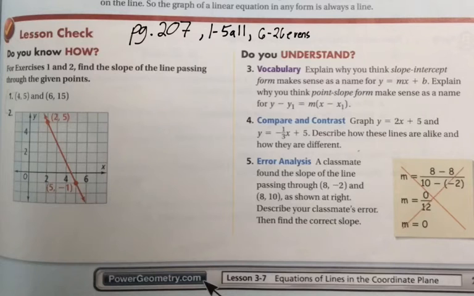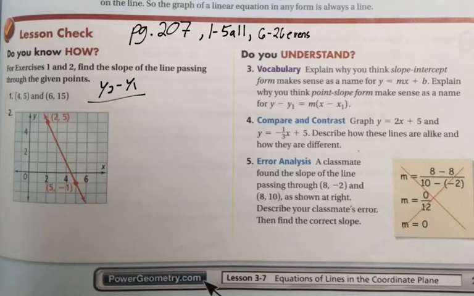Okay, find the slope. Problem 4, points 5 and 6, 15. How do we do it? Slope's like the steepness of a line. How do I find the steepness of the line that goes through these points? Well, there is a formula.